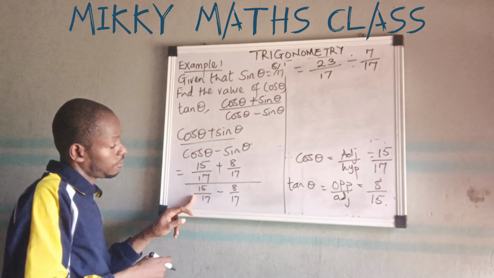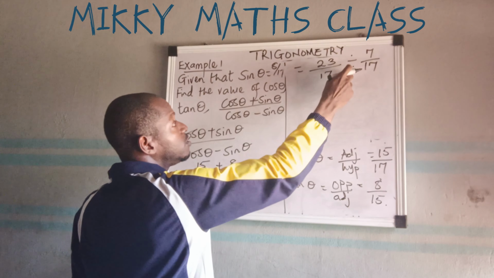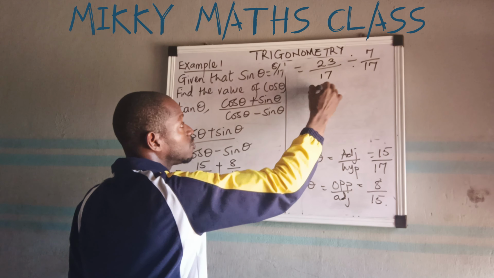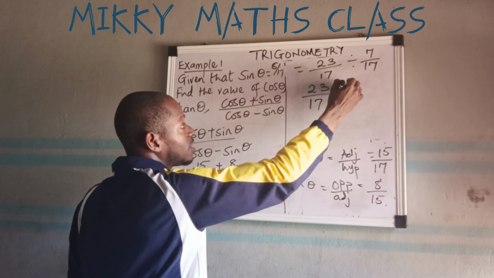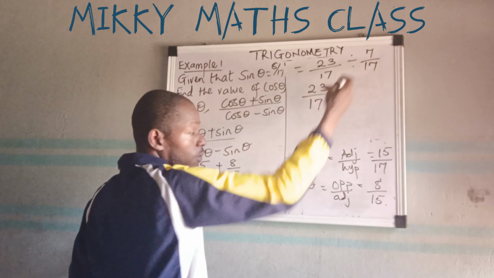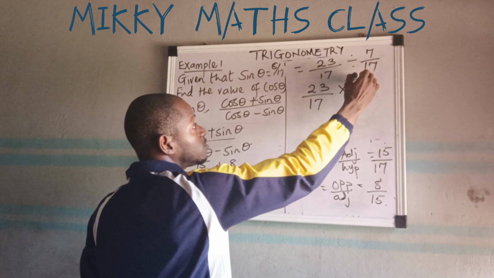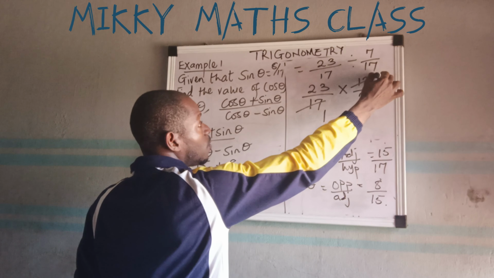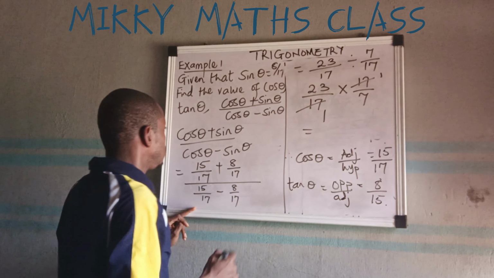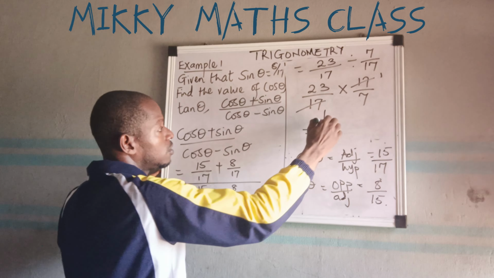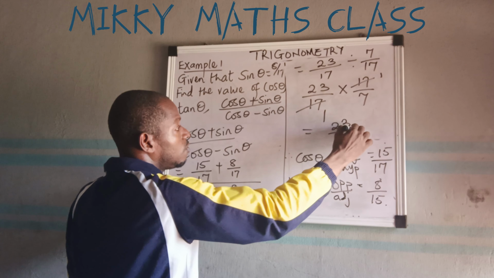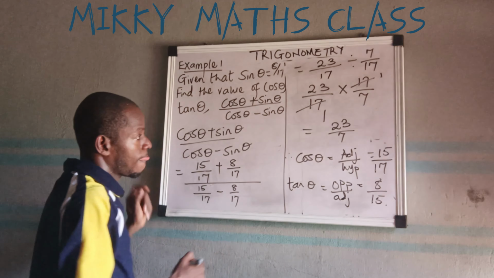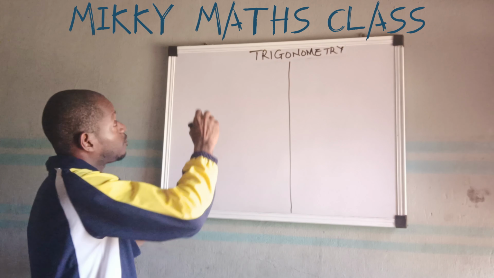Now from here, remove the division, introduce multiplication. So this becomes 23 over 17 times, this goes up, that comes down, it becomes 17 over 7. So 17 here is 1, 17 here is 1. So the value of this is 23 over 7.